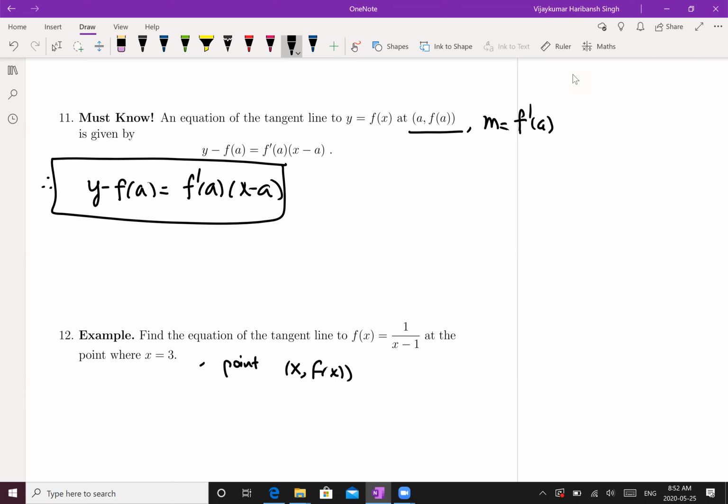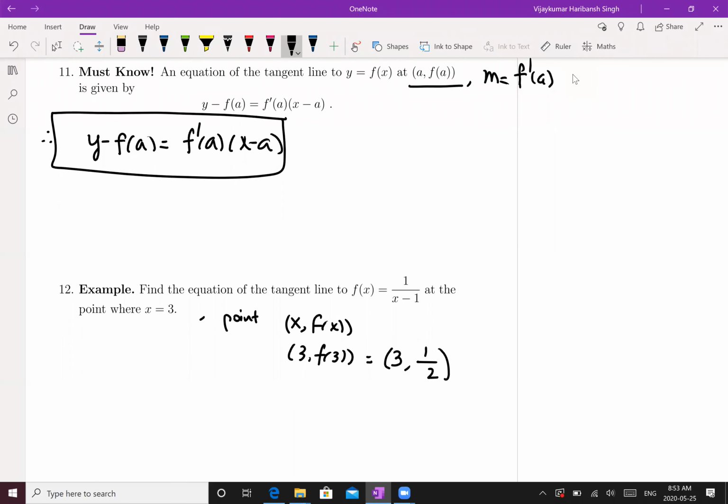In this case it is 3 comma f of 3, which is 3 comma 1 over 3 minus 1, which is 1 by 2. So this is your point. And now let's find f prime of 3. So please go ahead and find f prime of 3.